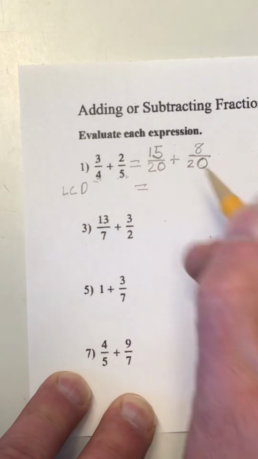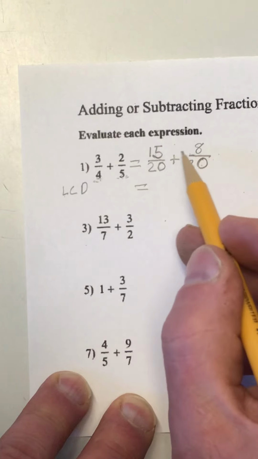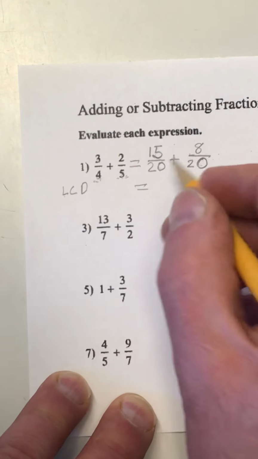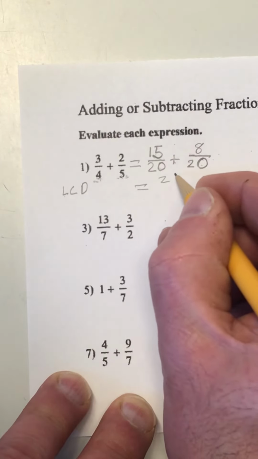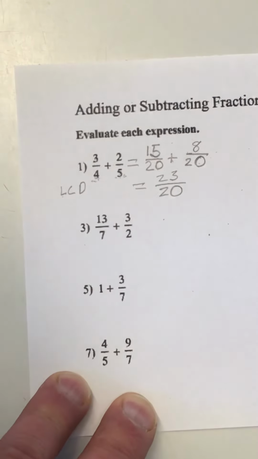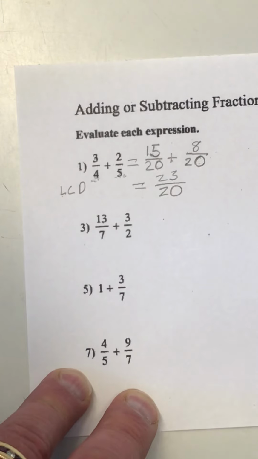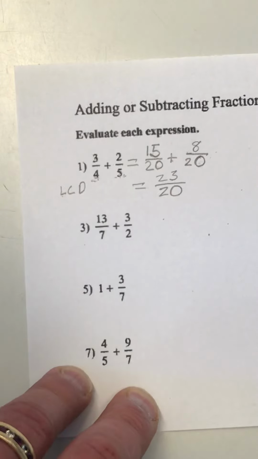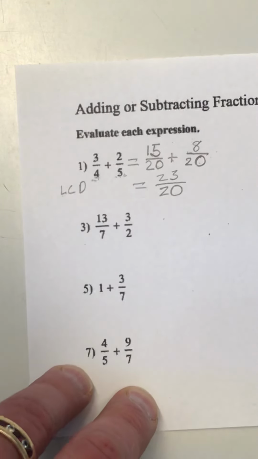And then my third step is to add the tops. So 15 plus 8 is 23, and that's all out of 20. And that's it. I'm done. Well, will 23 divide by the same number that 20 will?